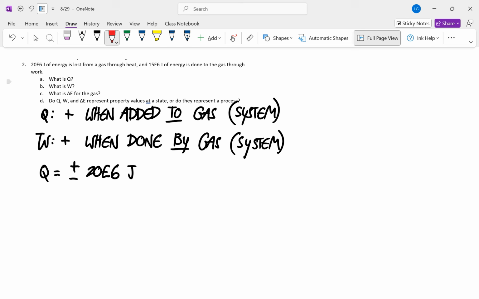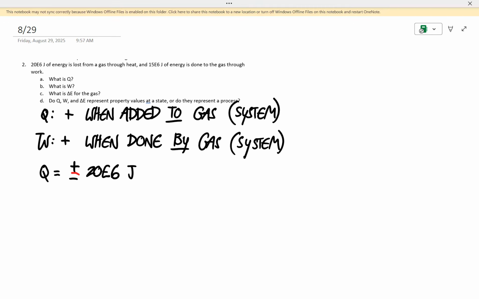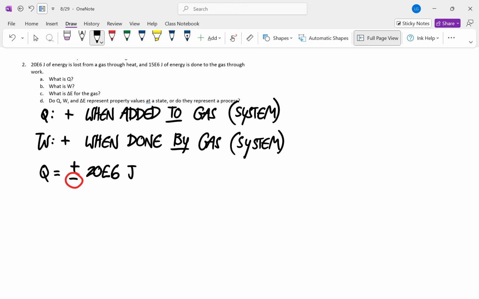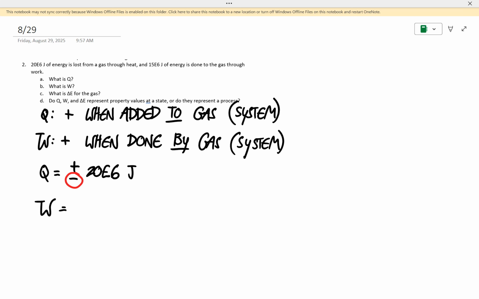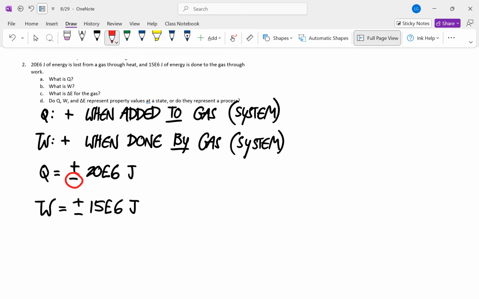In this case, it's removed from the gas, so we want the negative. Then for work, that's plus or minus 15 times 10 to the 6 joules. It says this is work that's done on the gas. W is positive if it's done by the gas on the surroundings, so this is also negative.